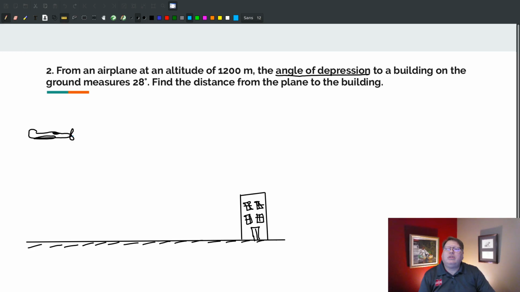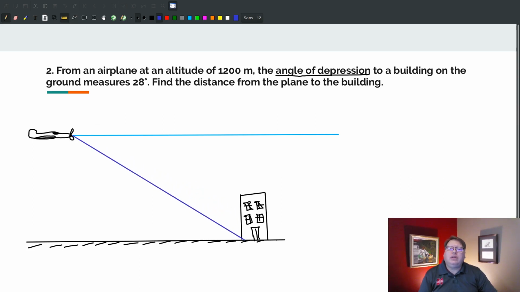We're going from here to here, and that's going to be our horizontal, because our angle is measured from that, and we're going to measure from there down to our building. So here's our building, and we were told that this is an angle of 28 degrees.